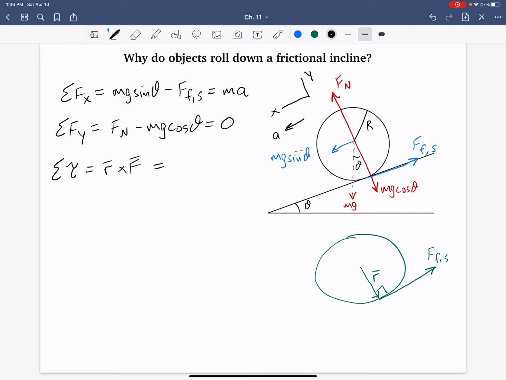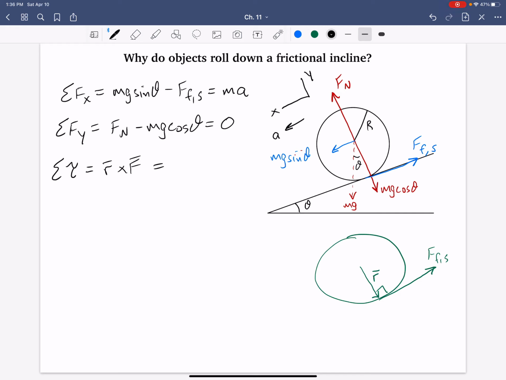And that's equal to the moment of inertia for a ball, right? I'm going to leave this as I because I'm solving this in general, whether this is a solid ball, a hollow sphere, or a hoop. So I'll just leave that as I, and alpha is alpha, okay?